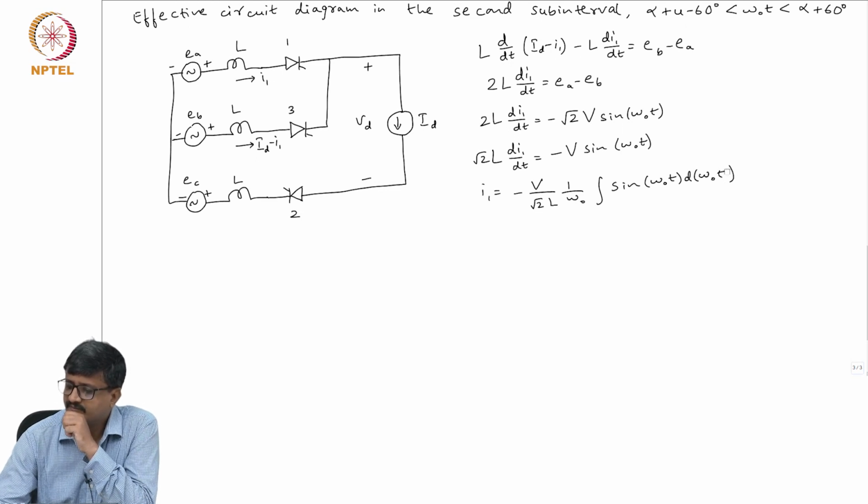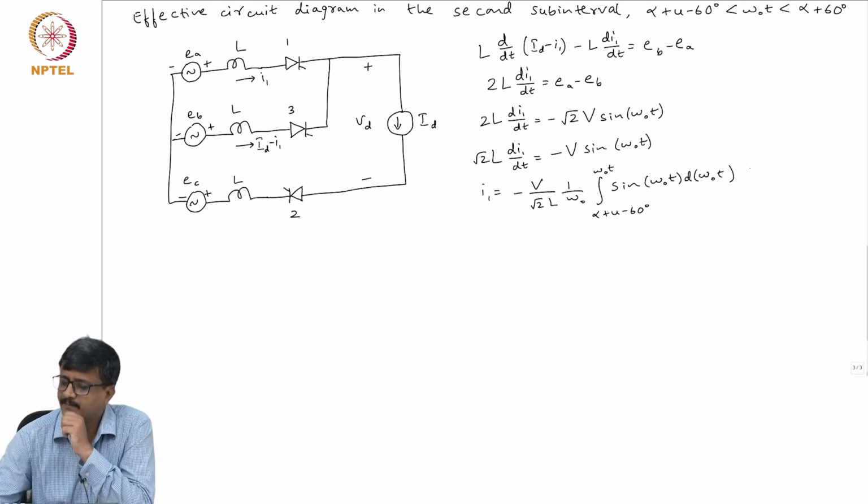What are the limits? The lower limit is alpha plus u minus 60 degrees. The upper limit is omega t, plus I1 at alpha plus u minus 60 degrees.